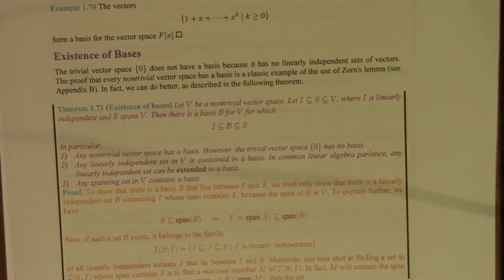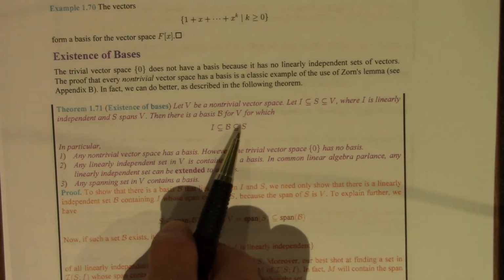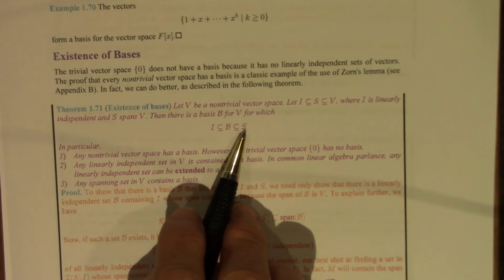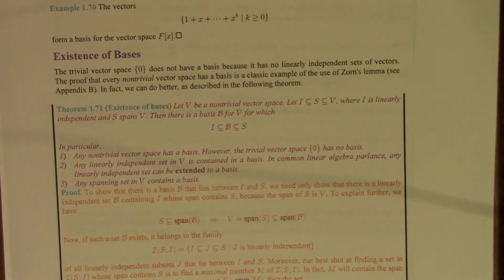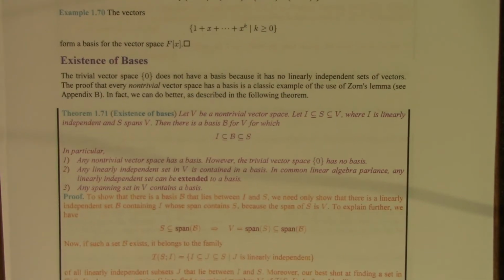In common linear algebra parlance, we say that every linearly independent set can be extended to a basis. It also tells us that every spanning set contains a basis. So those are two very important consequences of this theorem.